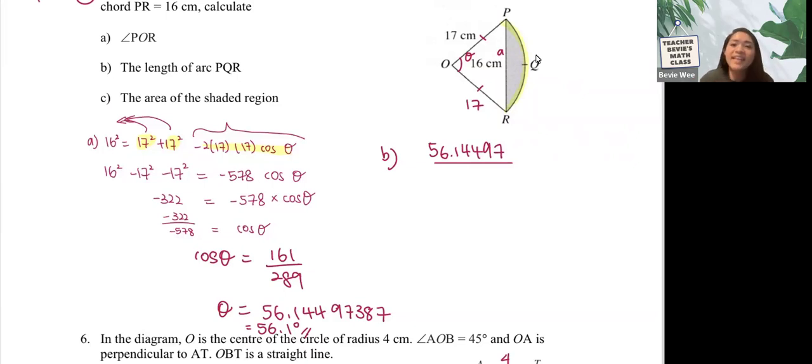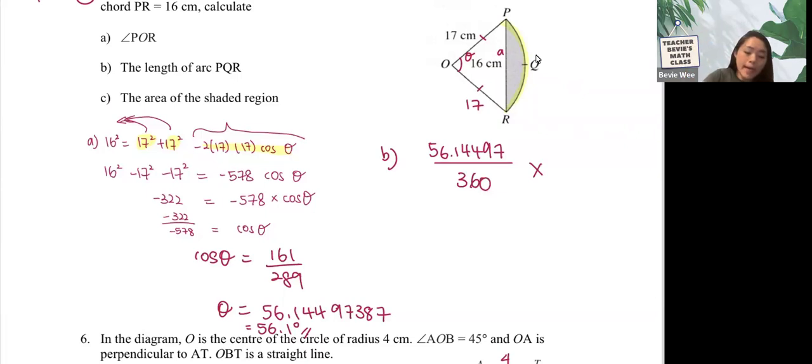Michaela, over what? Very good job, Rianne. That's right. Michaela, try. Over what? The whole circle, degree is what? 360, correct or not?